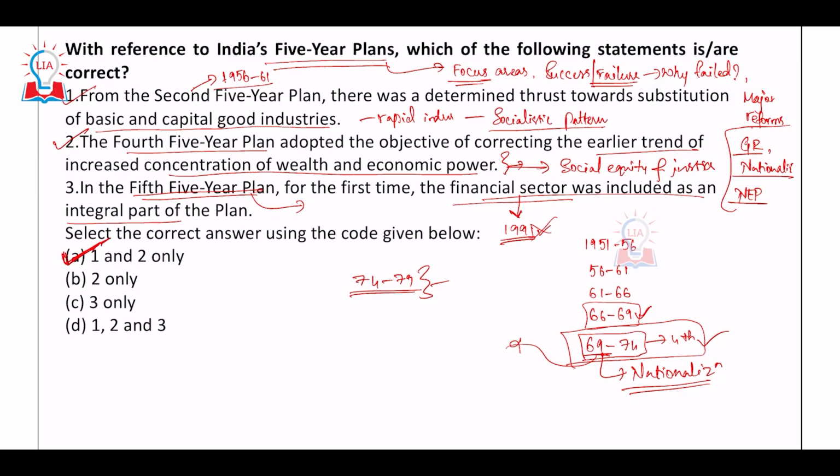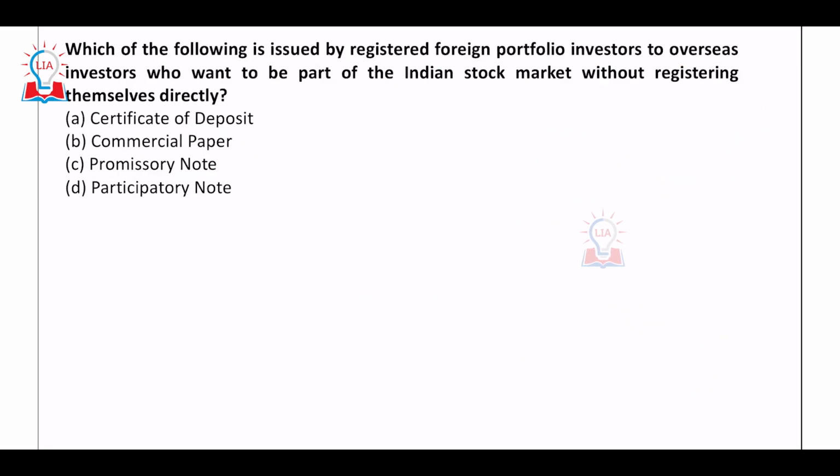Next, which of the following is issued by registered foreign portfolio investors, that is FPIs, to overseas investors who want to be a part of the Indian stock market without registering themselves directly? All you need to know in this question is the definition of each of these instruments. So the first one is certificates of deposit.